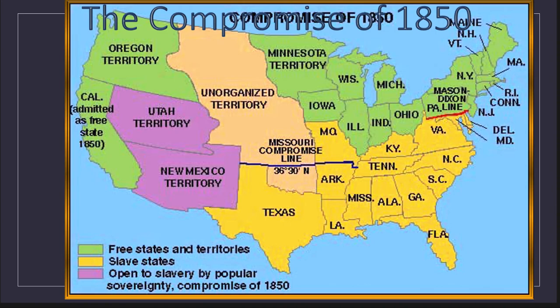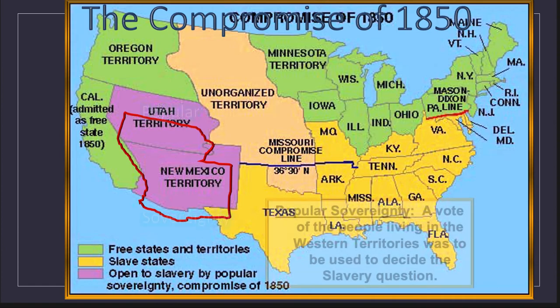Now, we have a huge question. What the heck do we do with all of this Western territory that we got in the Mexican cession, the Utah and New Mexico territory? What the heck do we do? How are they going to be decided if they're free or if they're slave? Well, the answer becomes they get to vote.